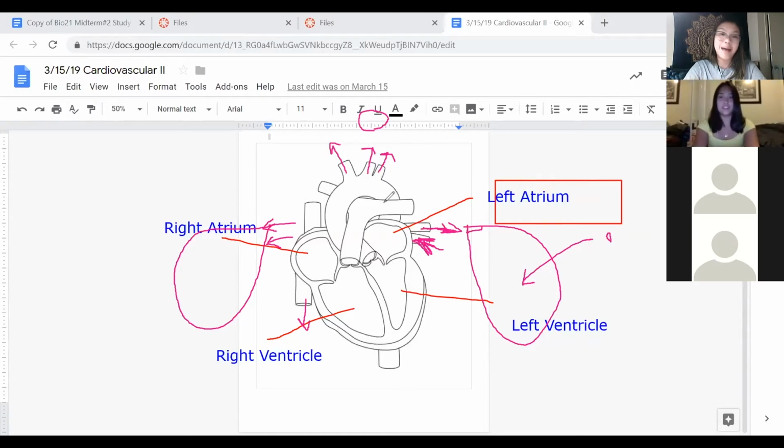And then it goes through this circular thing, which is the aorta, and that is oxygenated, because your brain and the rest of your body needs oxygen. If that makes sense. Let me know if you have any questions. But yeah, anyways, moving on.